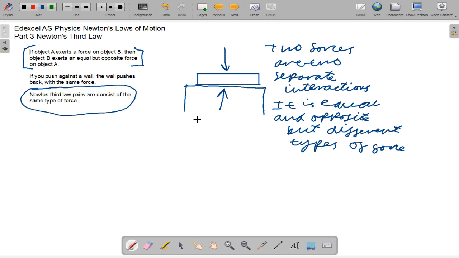They also result in zero acceleration, so it actually shows Newton's first law. If something has zero acceleration, it expresses Newton's first law, but when there is a resultant force and acceleration, with Newton's third law, it has to exert an equal and opposite force.